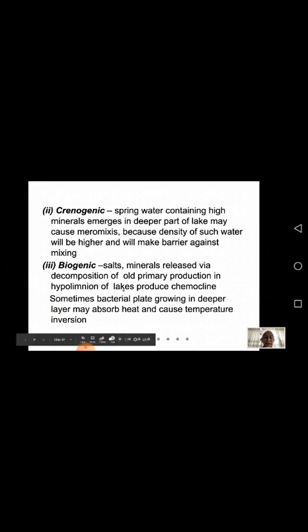If you have very high productivity activity in your lake, then the production created at the topmost layer, after their death, sinks to a certain depth, and in those depths decomposition occurs and a lot of minerals are set free, and all the minerals form a barrier to the water layer. As I have already told you about bacterial death.